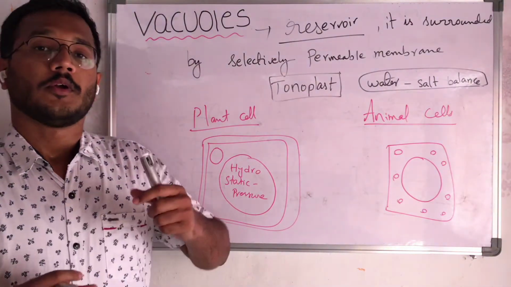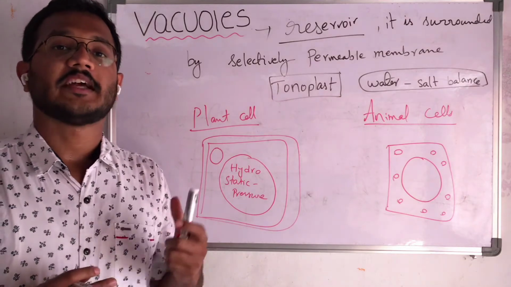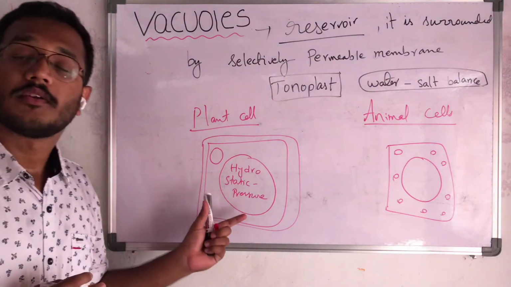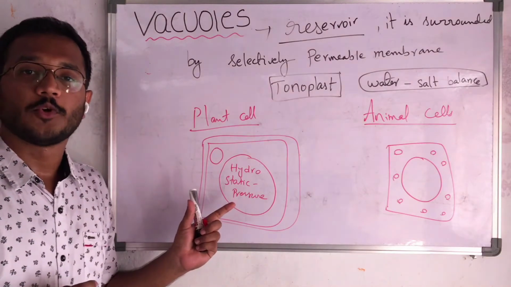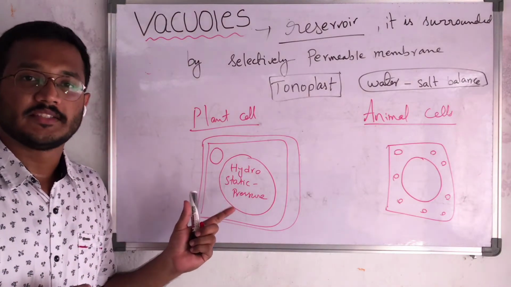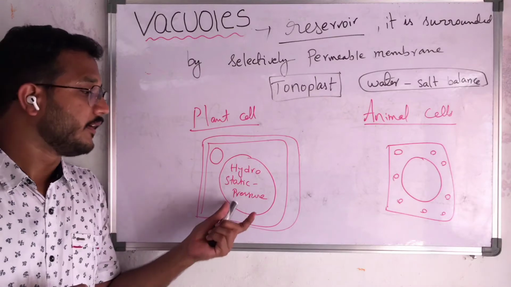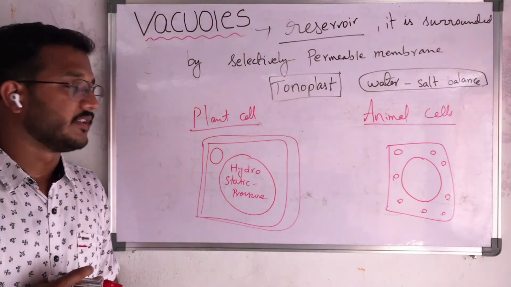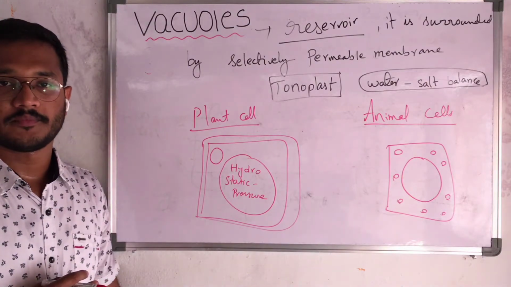So to avoid the pressure on the cell membrane or the cell wall, the membrane of the vacuole, that is tonoplast, protects the cell by maintaining the balance of hydrostatic pressure.